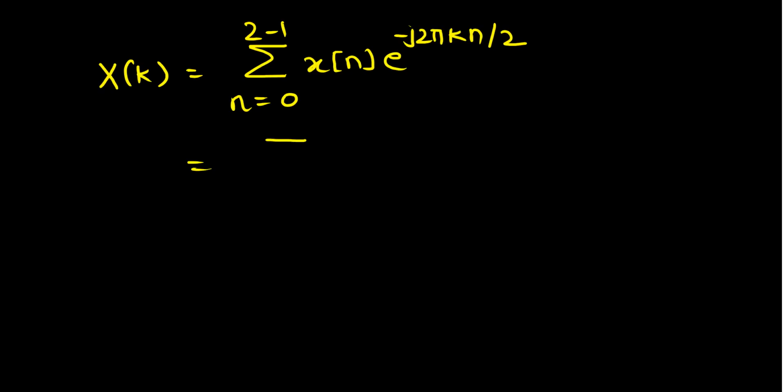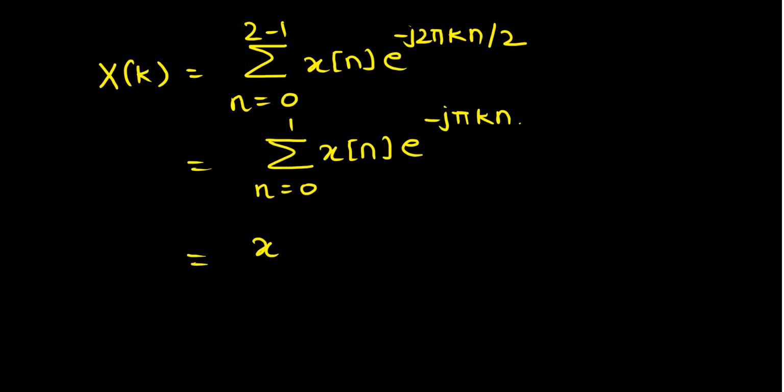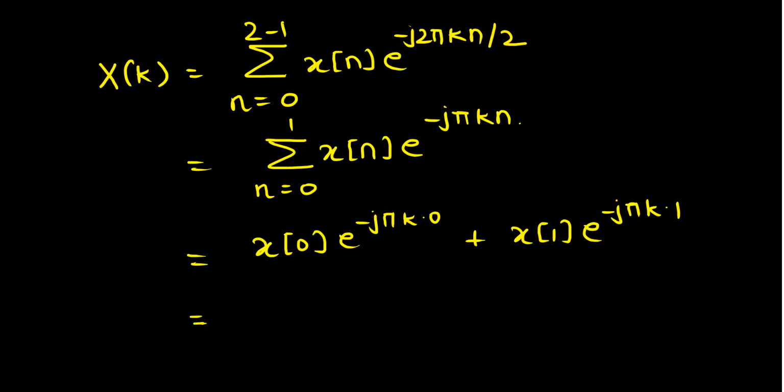So this can be written as summation n running from 0 to 1 x of n into e to the power minus j pi k n, which is equal to x of 0 into e to the power minus j pi k into 0 plus x of 1 into e to the power minus j pi k into 1, which is equal to 1 into 1, that is 1, plus x of 1 is 2, so it is 2, and this complex exponent here can be written as minus 1 to the power k, because this factor here is basically the integer multiple of pi.